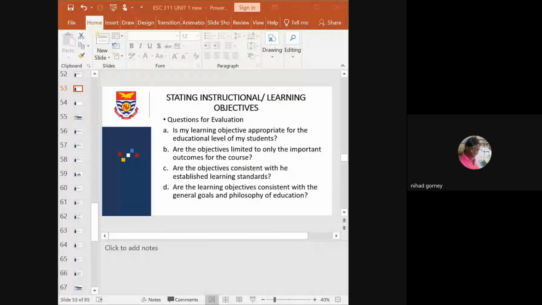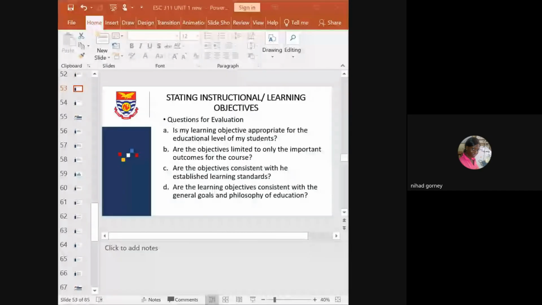So that is it. Whenever you write objectives, think about these 3 things and see whether all of them can be found in your objectives. Now, questions for evaluating objectives. One thing you should think about: is my learning objective appropriate for the level of my students? Are the objectives limited to only the important outcomes for the course? Are the objectives consistent with established learning standards?